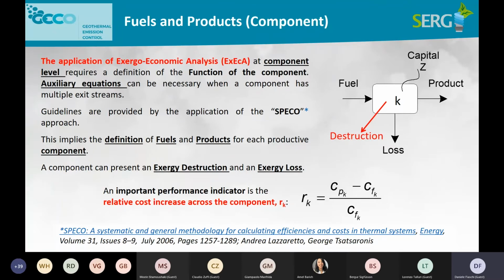Generally, a component can present an Exergy destruction and an Exergy loss, as previously pointed out. An important performance indicator is the relative cost increase across the component, r_k, which is the relative increase of product cost across the component k.